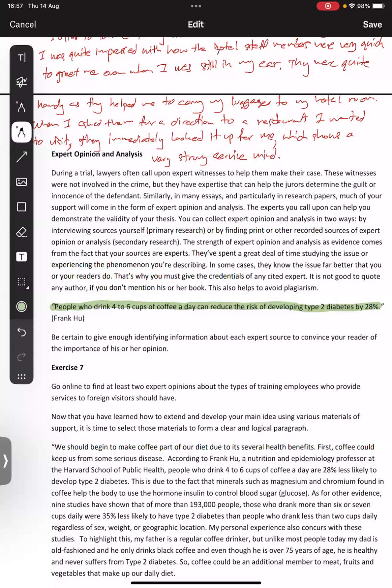So I can say, we should drink coffee every day because according to Frank Hu, a nutritionist, people who drink 4 to 6 cups of coffee a day will have less risk of developing type 2 diabetes.